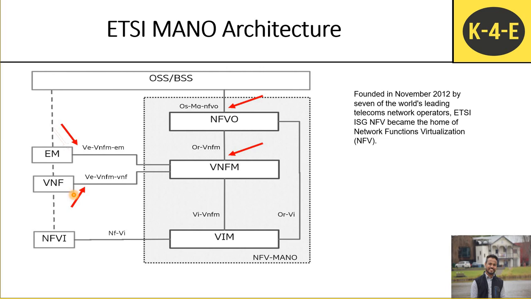Krishna, what is this EM used for? See, the moment this VNFM command is coming, it is going to manage. It is not a VM, it is just an interface. Interface means, if NFVO wants to talk to VNFM, this is just an interface.